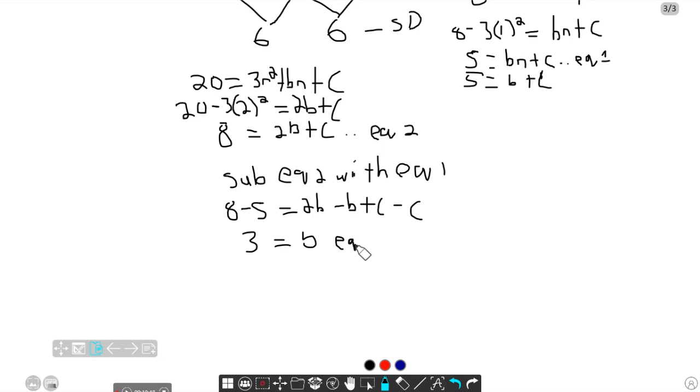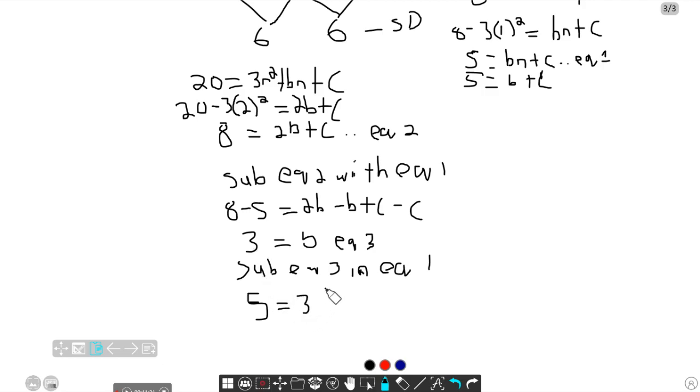That is going to be our equation 3, right? Then what are we going to say? Substitute equation 3 into equation 1, which means wherever you see b, you're going to put 3. So it's going to be 5, sorry for my 5, and then where I see b, I'm going to put 3.